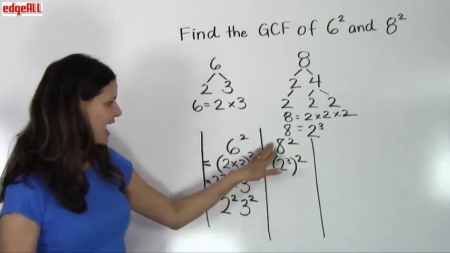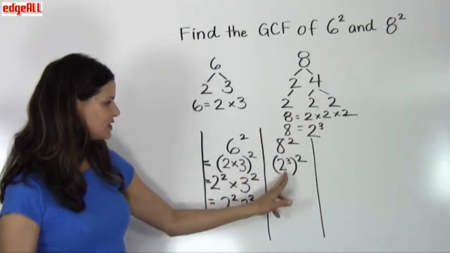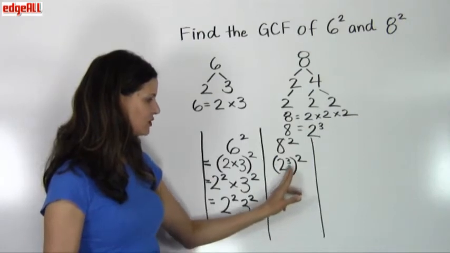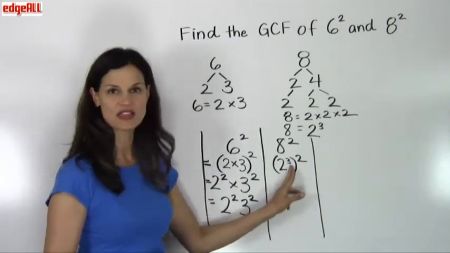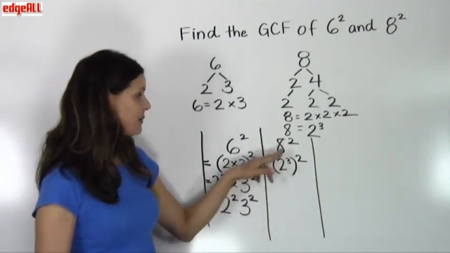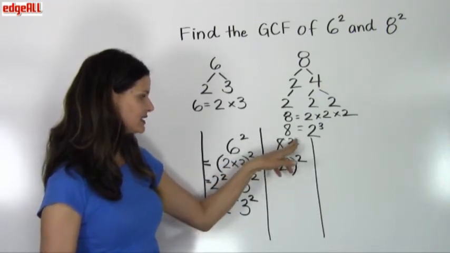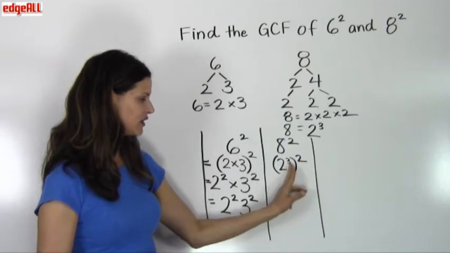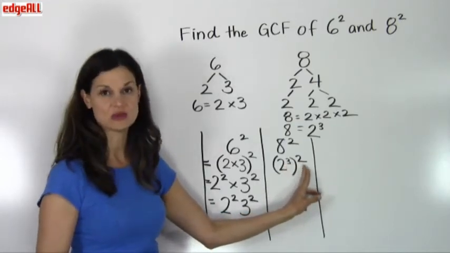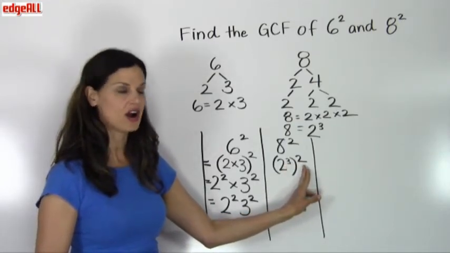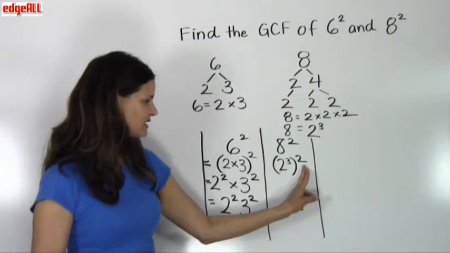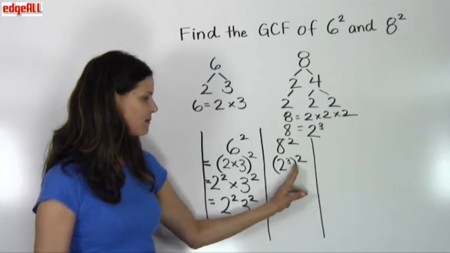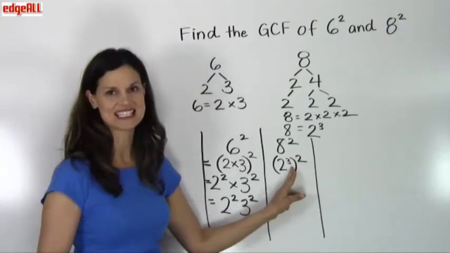And then for the 8 squared, we substituted a 2 to the 3rd power, or 2 cubed, or 2 to the power 3 for the 8. But then that 8 itself is squared, so we have to make sure we also raise this 2 to the 3rd power to the power 2 as well. And so with our rules of exponents, 2 to the power 3 raised to the power 2, we multiply our two exponents together.